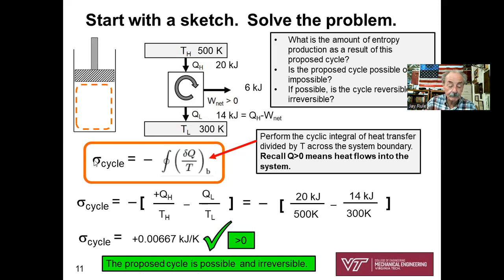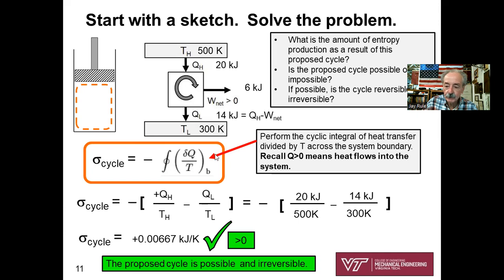Now, what's the homework problem? It says, determine sigma for the cycle. I'll go back to my crash course. What is it? It's minus the cyclic integral of del Q over T across the system boundary. Here's my system boundary. I see two instances of heat transfer, one coming in and one leaving.